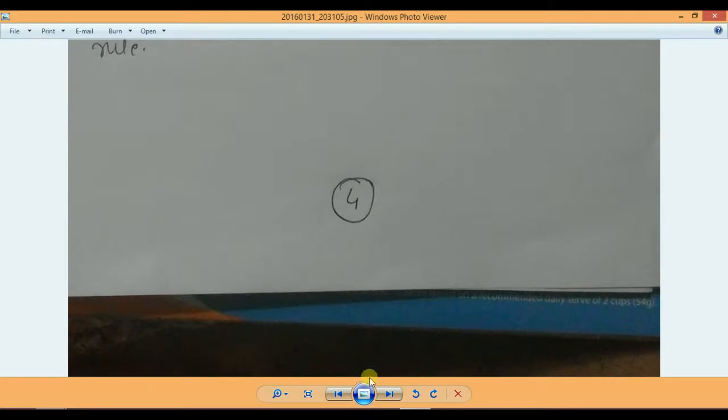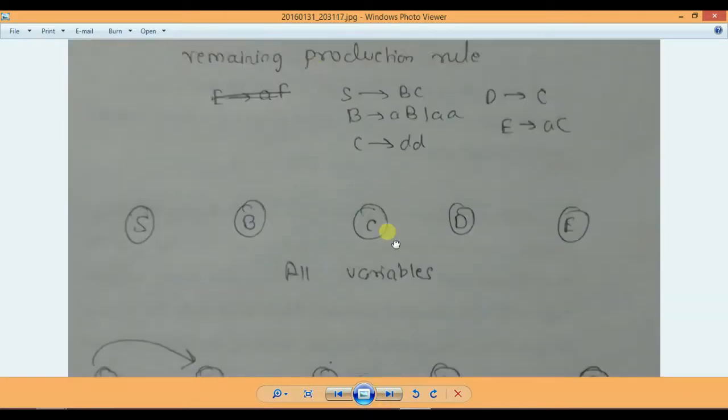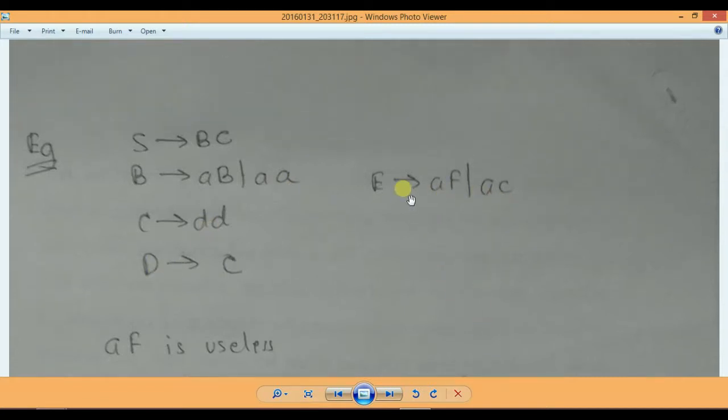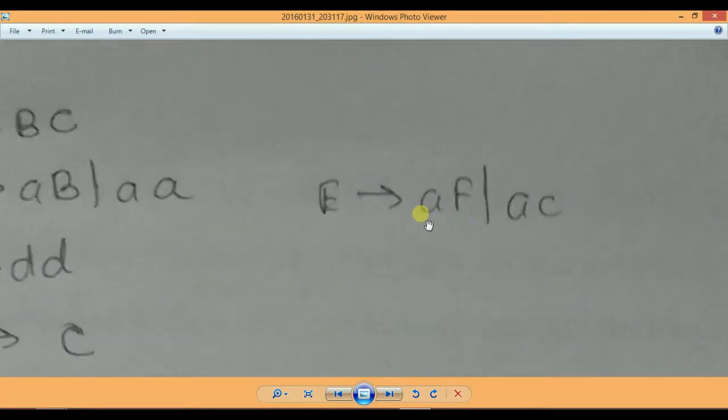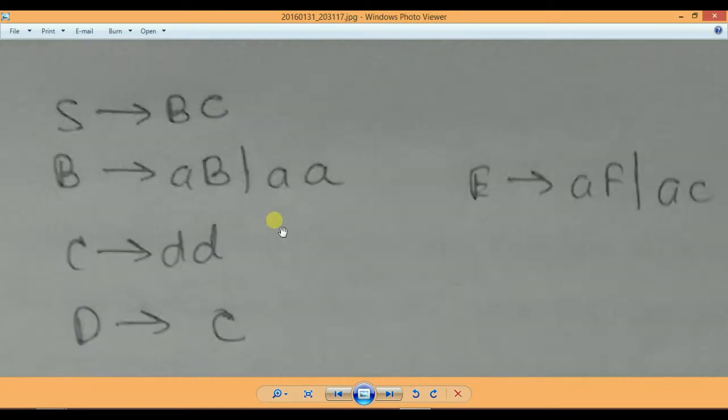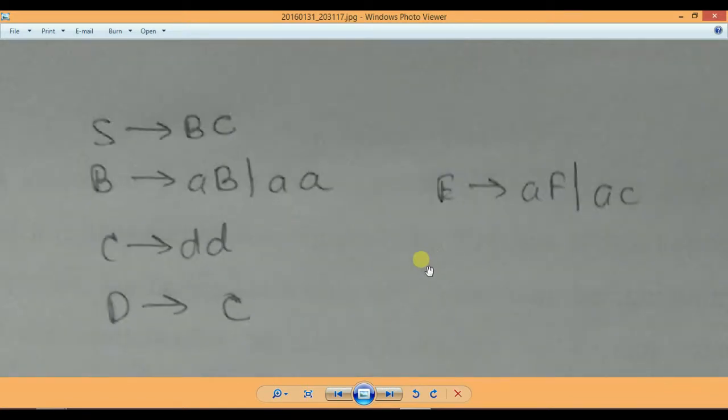Take this example. S is BC, then B is small a capital B or AA, C is DD, D is AC. Now if you observe carefully, E is small a and capital F. There is no F mentioned here, so this cannot be used.